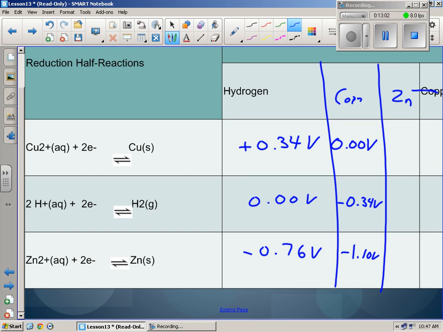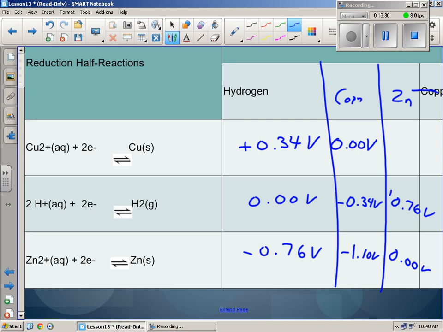Okay, let's change it. Let's say, I want zinc to be my reference half cell now. How do all the numbers change according to that? Well, let's see. Zinc initially was 0.76 below this one, right? So if this is 0, this has to be 0.76 above it, correct? Still 0.76 above it. That difference does not change.